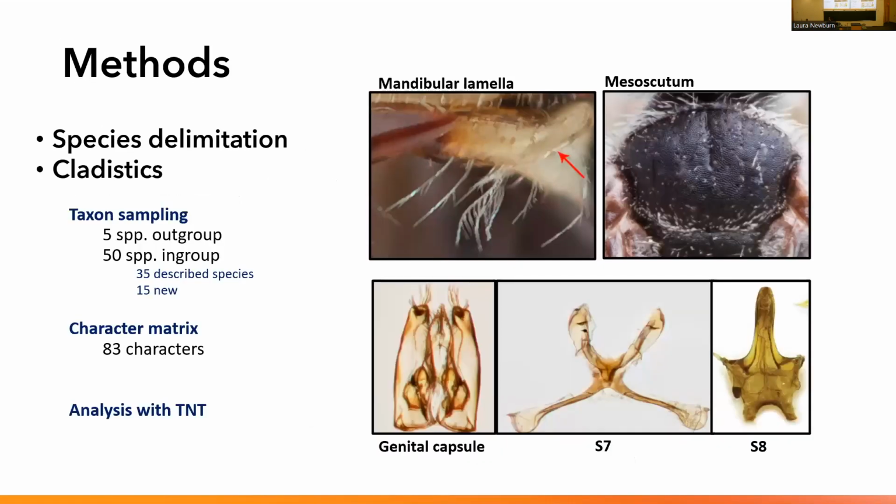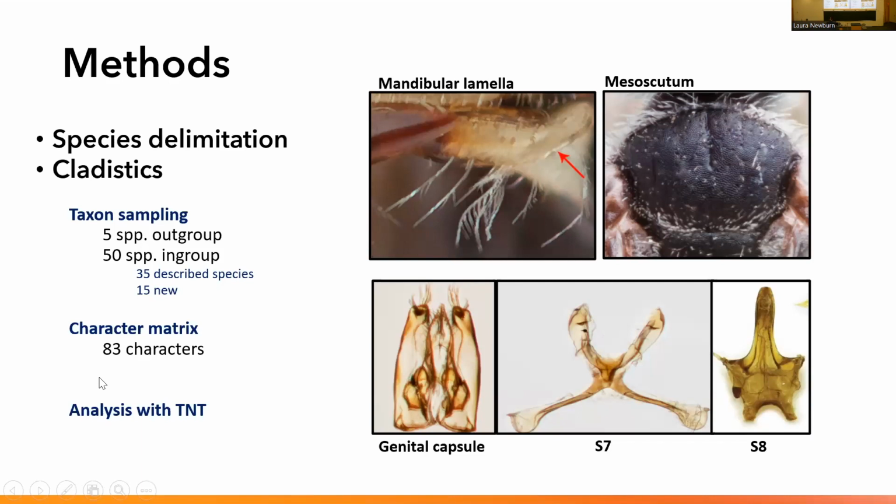For the methods, we continue to use DNA barcoding and morphology for the species delimitations. We use the methods of cladistics. For our taxon sampling, we used 5 species in the outgroup and 50 species in the ingroup, pretty much doubling the amount of Liphanthus species in this phylogeny compared to the preliminary one.